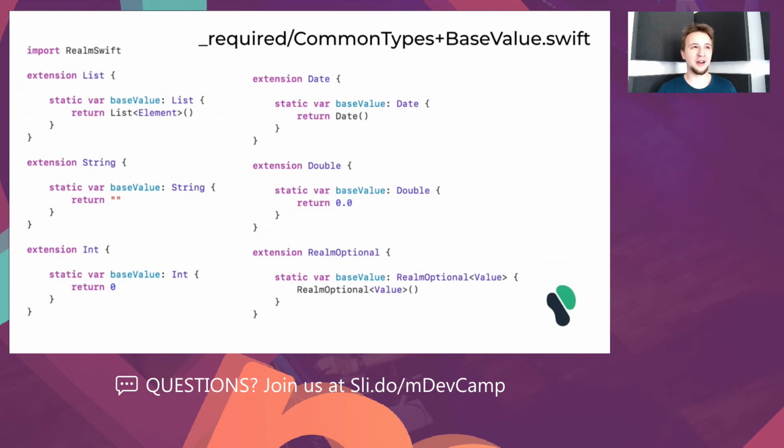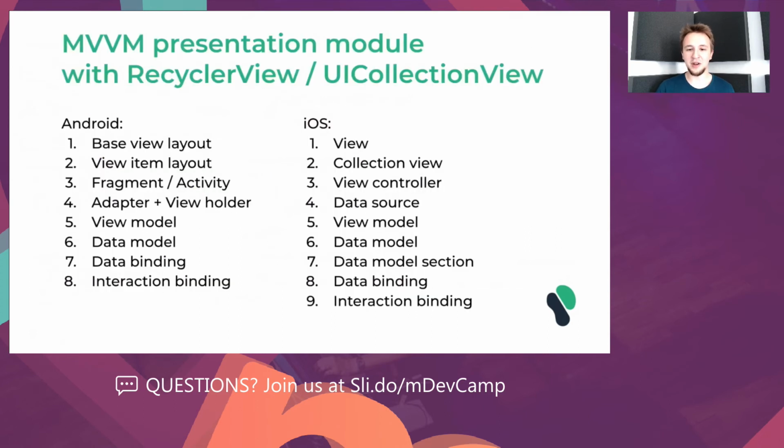So now that we have quickly implemented a way to get data from the server and a way to store the data in a Realm database, we might be interested in displaying the data in a presentation layer. As you can see, there is a lot going on, a lot of boilerplate code, and of course we don't need to write that anymore. We can also generate code for both Android and iOS at the same time.